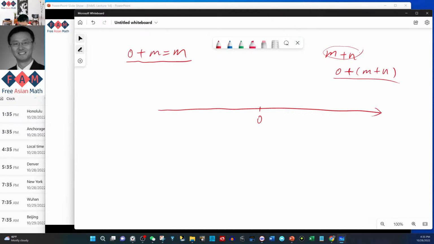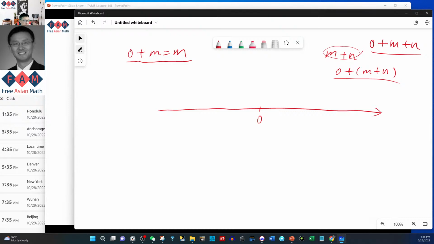So in that case, we will see that with m and n, say, 0 plus m plus n, you will actually do two operations. One is generated by m, the other is generated by n. Either can be count forward or count backward, meaning count toward the right or count toward the left.